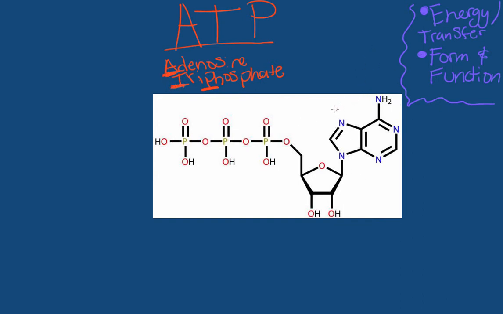It is composed of an adenine component, which is this right here, a ribose sugar, and then 3 phosphates, which is the triphosphate part in the name. It's these 3 phosphates that we're really going to be concentrating on in this video. This is where all the action happens.